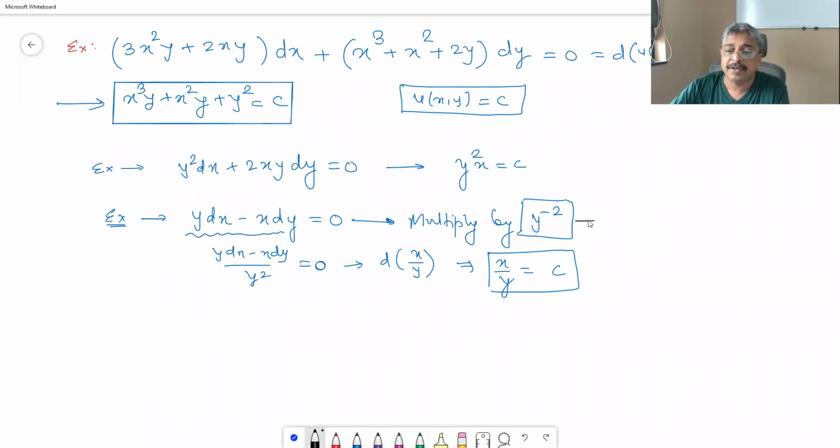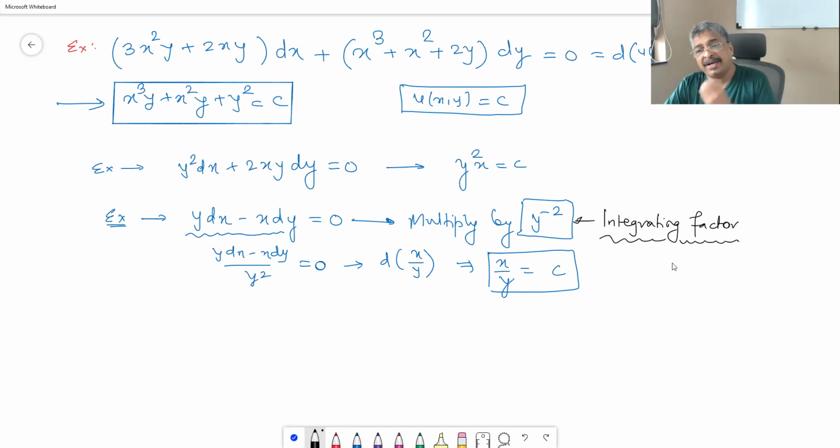If you could figure out what the integrating factor should be and multiply the given differential equation, which otherwise is not solvable, this is going to be a wonderful way of solving differential equations.